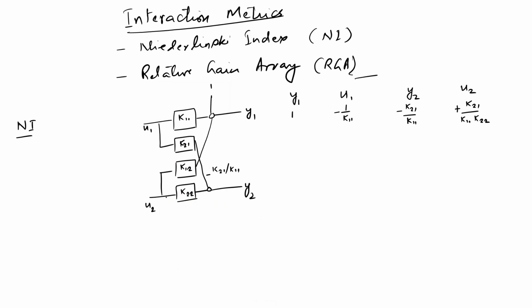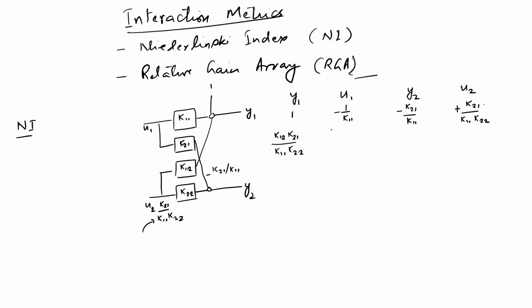So this will have to be K21 by K11, and then when I multiply by K22, this will be the exact opposite of that, and they will cancel out, and Y2 will now be back at 0. But now U2 has deviated, and because U2 has deviated, it will have an effect on Y1, and that effect is going to be K12 times this, K12 times K21 divided by K11 K22.